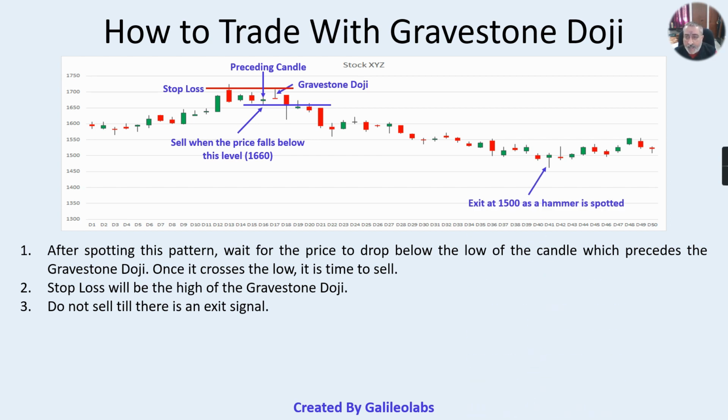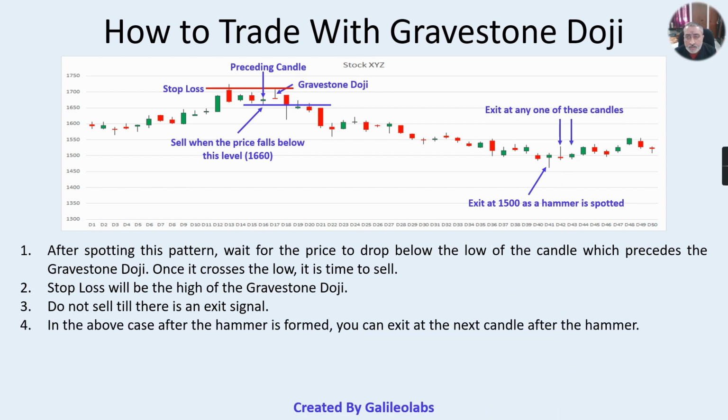So this is the exit because a hammer has been formed, but we will not be exiting at this hammer candle because we will always have to look for the confirmation. So either you can exit at the next candle or the next-to-next candle. I am giving you an option of two candles to exit because the first candle which has formed after the hammer has gone below also.